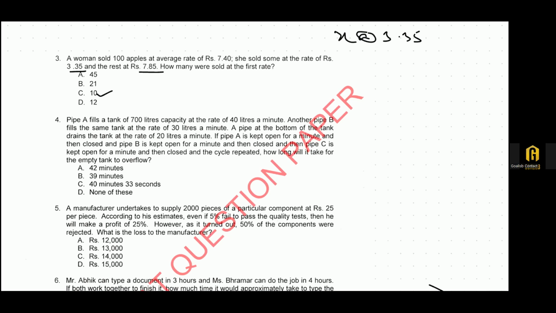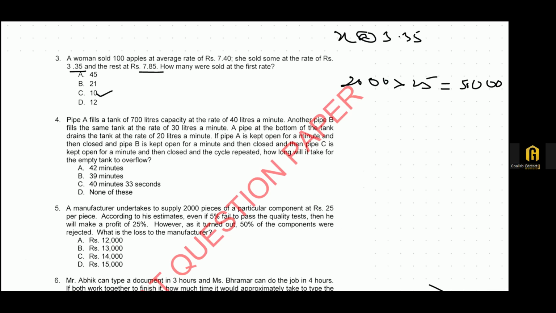So 2000 pieces at 25 rupees will give him 50,000 rupees. Now he's saying even if 5% fails, so 5% of 2000 would be 100, leaving 1900.